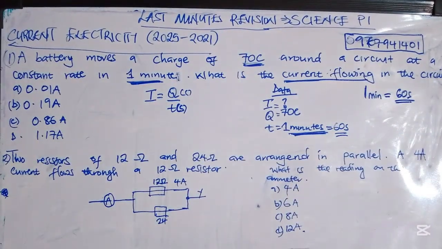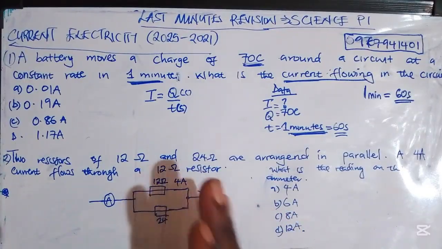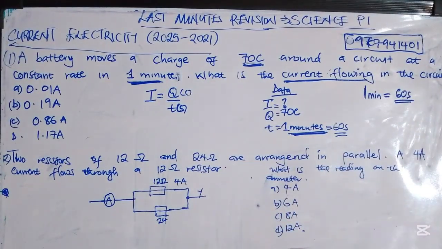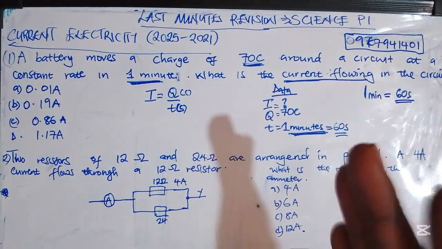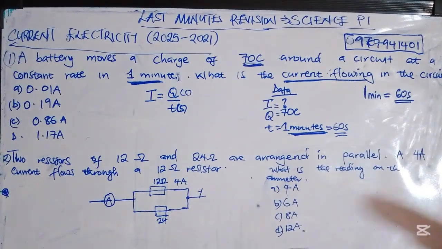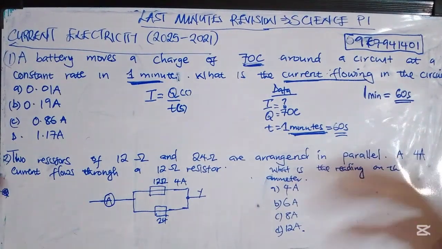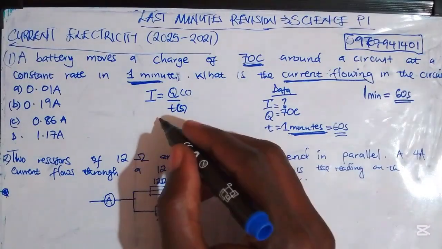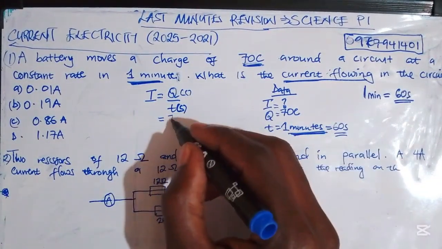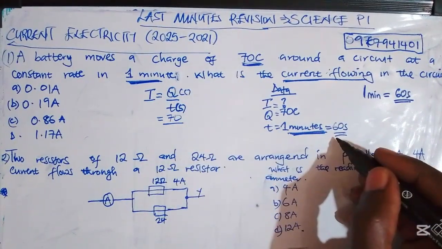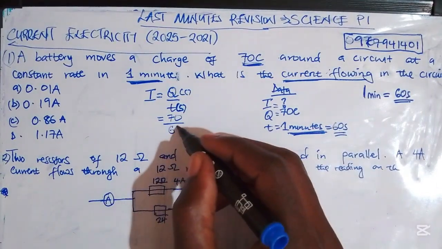Now we have all the values which we need to calculate our current. Once you do it like this, your question is already done. What remains now is just to replace the symbols with numbers. Our charge is 70, our time is 60.